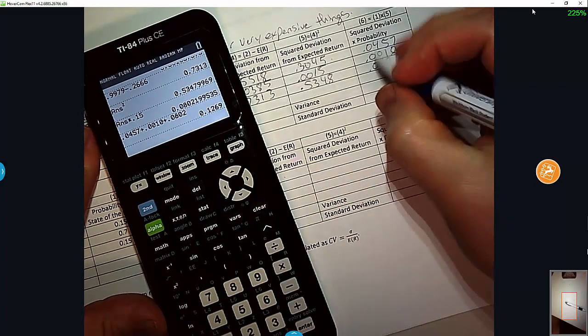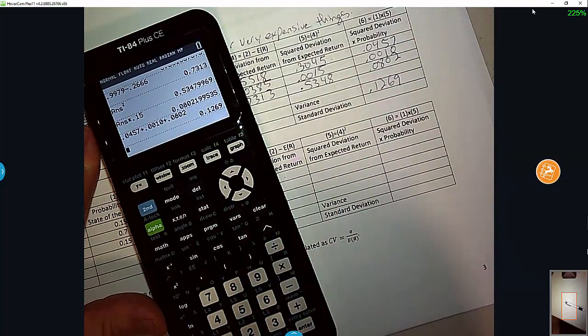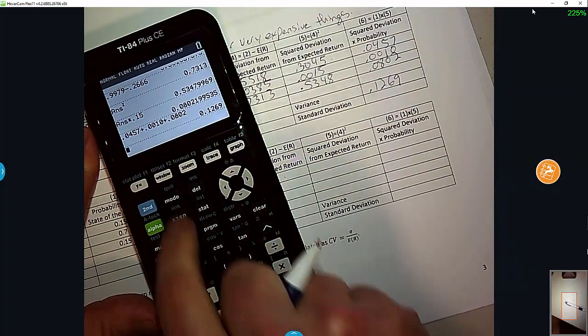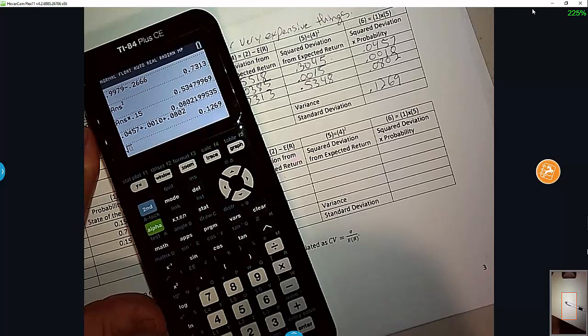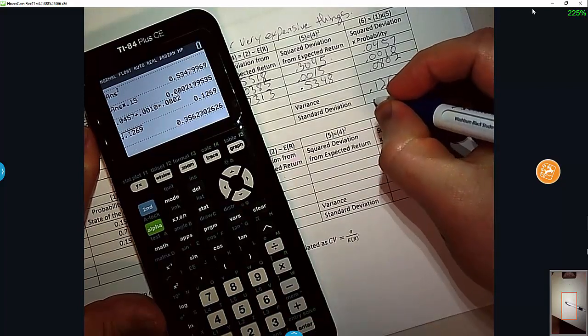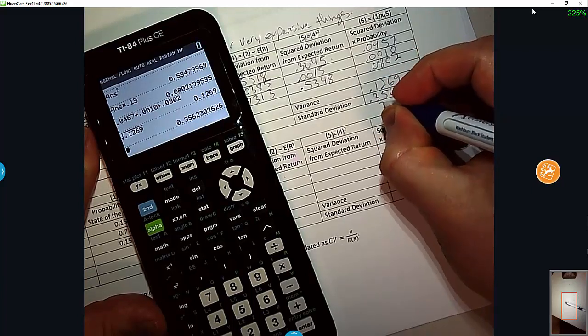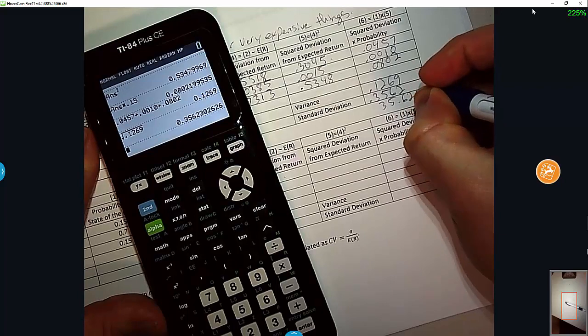So my variance is 0.1269, and then I'm going to take the square root of that number to get the standard deviation of 0.3562, or 35.62%.